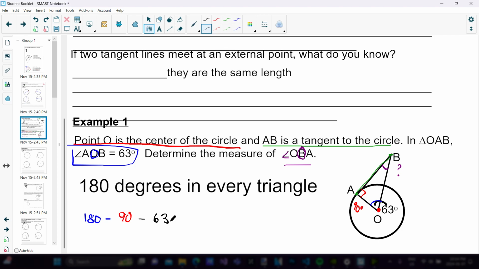And if you get your calculator out, you should find that the final angle is 27 degrees. So, I'll try to make this look nice. Equals 27. So that angle right there has to be 27 degrees. Has to be. There's no other way to cut it.